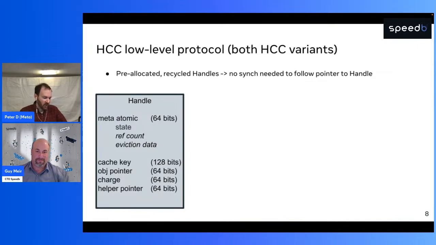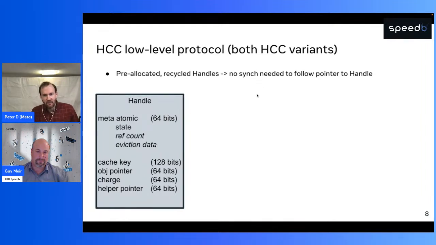Part of the HyperClockCache that is shared between the 2 versions, I call the low-level protocol, and it has to do with how we manage each slot in the cache. You could imagine, in a silly universe, a cache with just one slot. This is the protocol that would be used to handle that one slot.